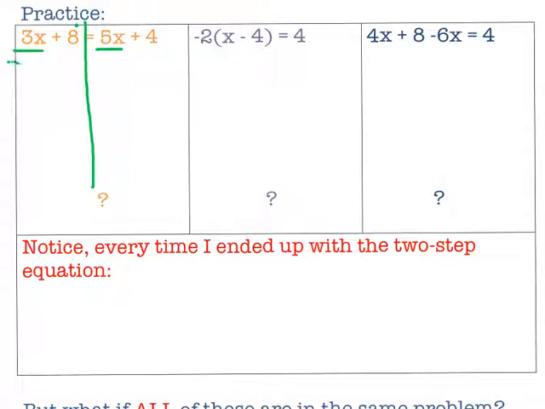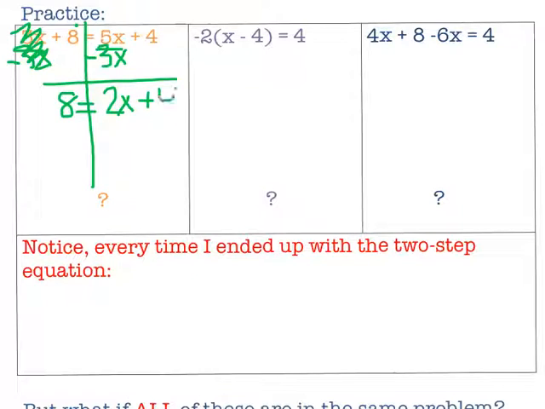So I'm going to subtract the 3x from each side. And this becomes 0. So now I'm left with 8 equals 5x minus 3x is 2x plus 4. So now I'm down to a two-step equation. And this is variables on both sides.